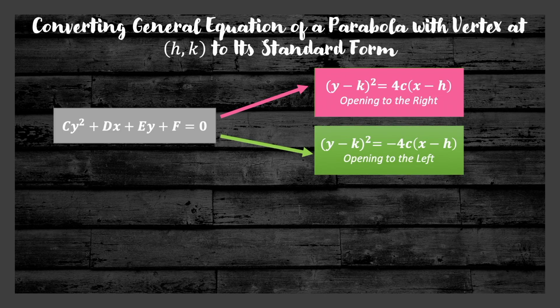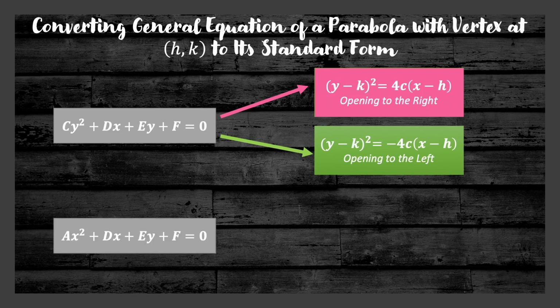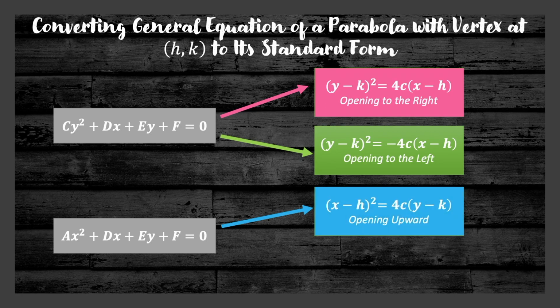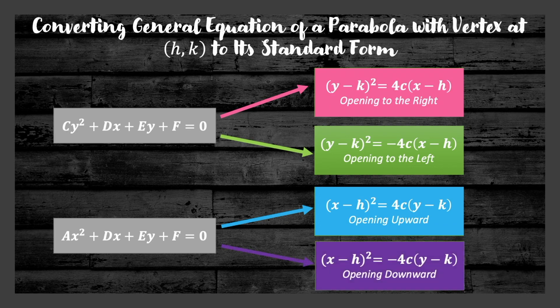On the other hand, the general equation of a parabola ax squared plus dx plus ey plus f equals 0, when converted, will give us the standard equation of a parabola opening upward if 4c is positive, or opening downward if 4c is negative.